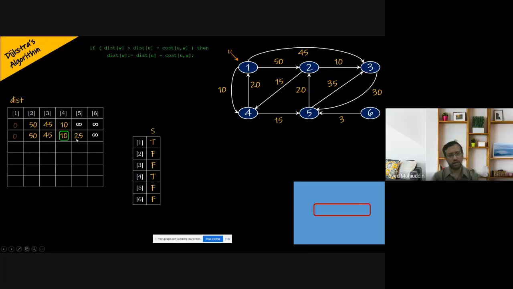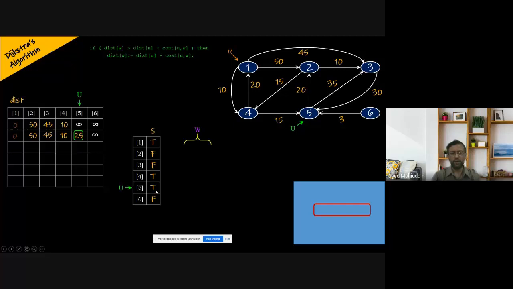So we consider the next least distance, which is 25. 25 is for vertex 5. So now vertex U becomes vertex 5, and we change this to true in the array S. That means we are now computing for vertex 5.